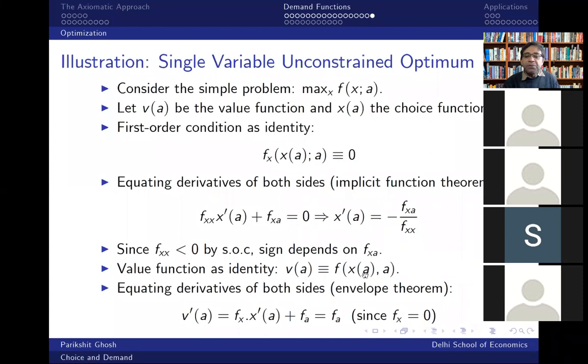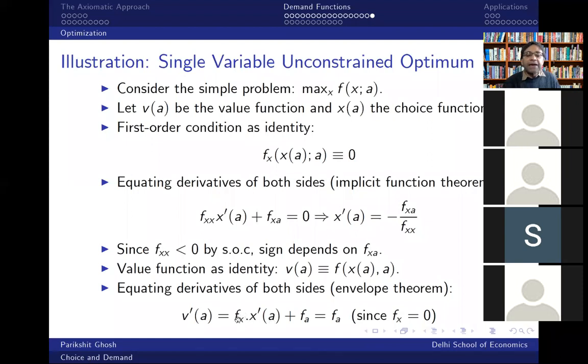But the change in the parameter a also changes the choice function, and through that route, it also ends up changing the value of the function. So you have these two terms. Now, I have calculated x prime of a, and I can plug that back here and write down this expression entirely in terms of the primitive function, but I don't need to do that.